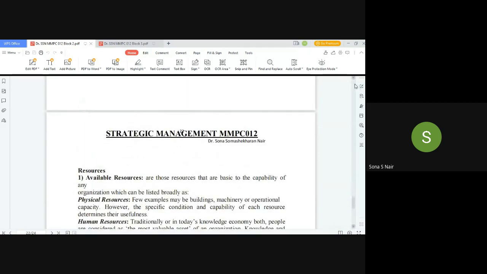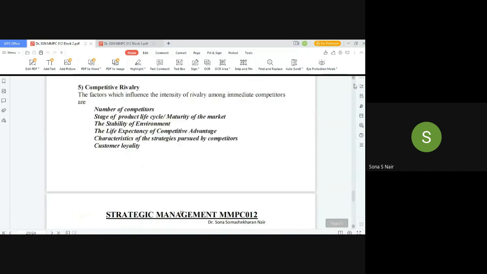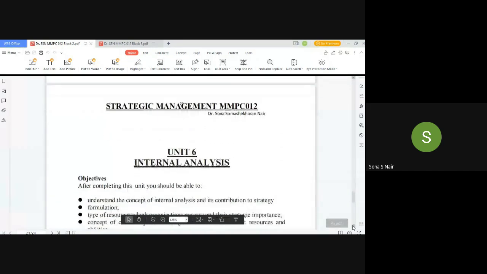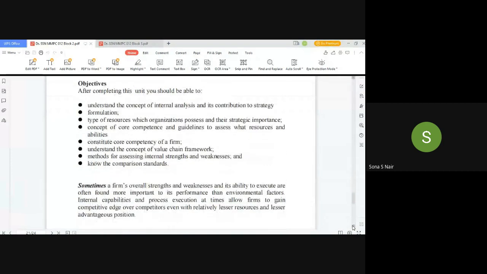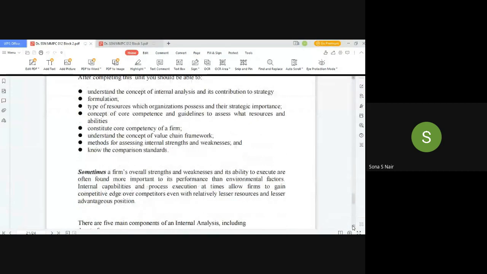And today we are going to discuss what is internal analysis, right? Now, sometimes a firm's overall strengths and weaknesses and its ability to execute are often found more important to its performance than environmental factors.